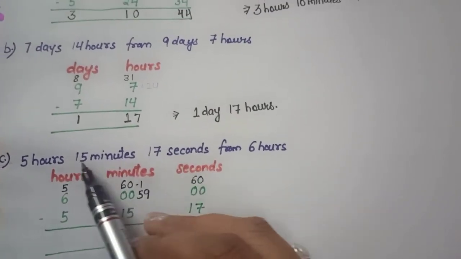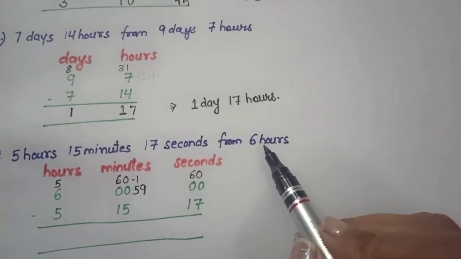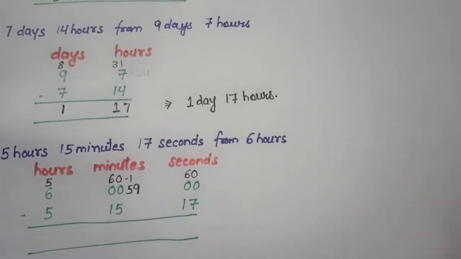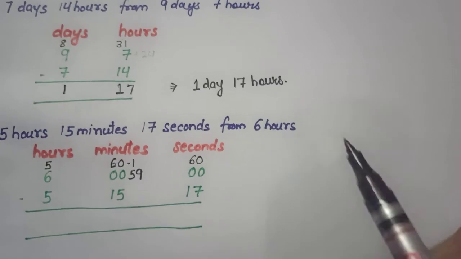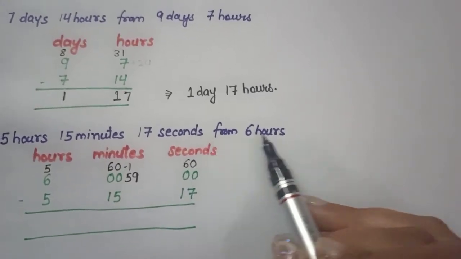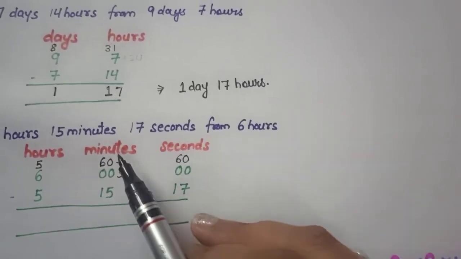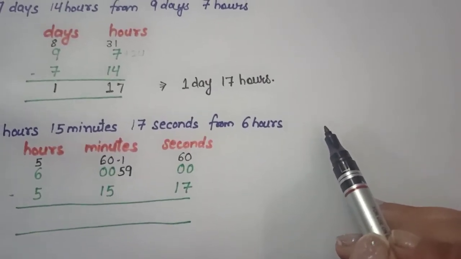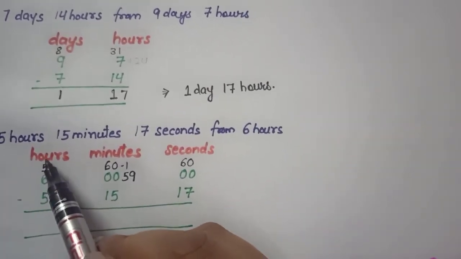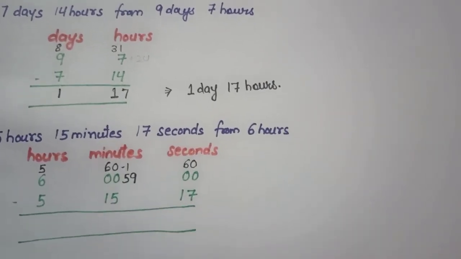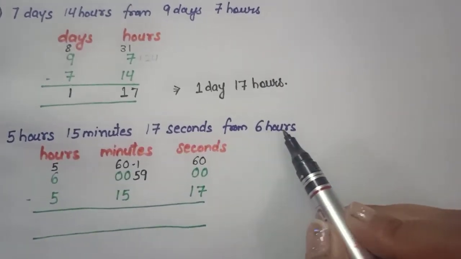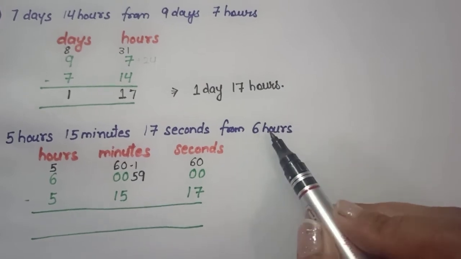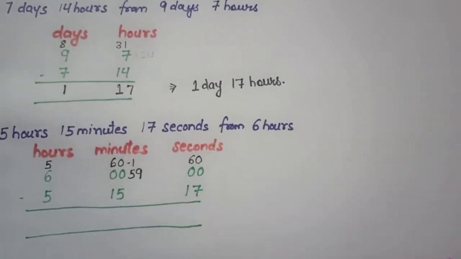This number I have to subtract from 6 hours. Now see, don't get confused after you see this question, because we don't have minutes and seconds parts in this number, right? Let us first of all write down hours, minutes and seconds. We have 6 hours only, and from this 6 hours I have to subtract this one, correct?